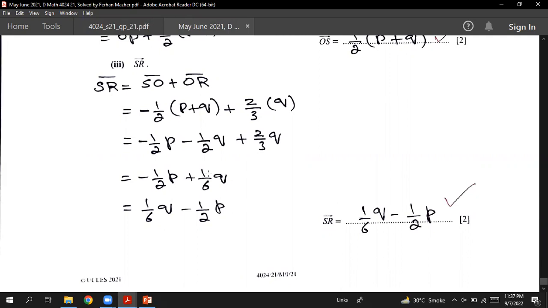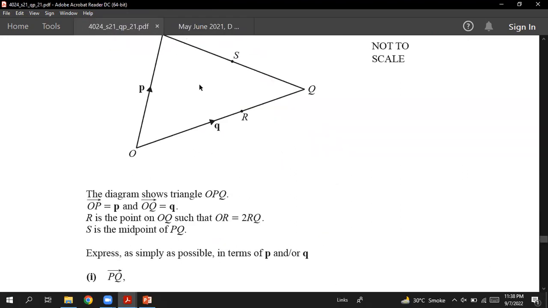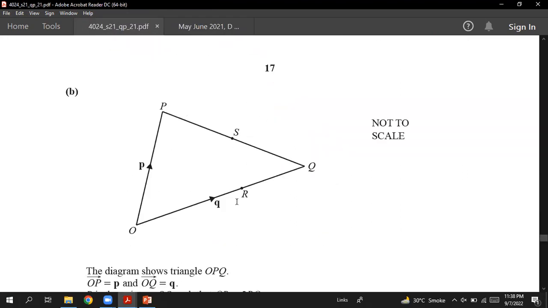So minus 1 by 2 P, and when you add minus 1 by 2 Q with 2 by 3 Q, you will get 1 by 6 Q. So 1 by 6 Q minus 1 by 2 P, and that is the answer. So this is how you will find SR. SR is this value.